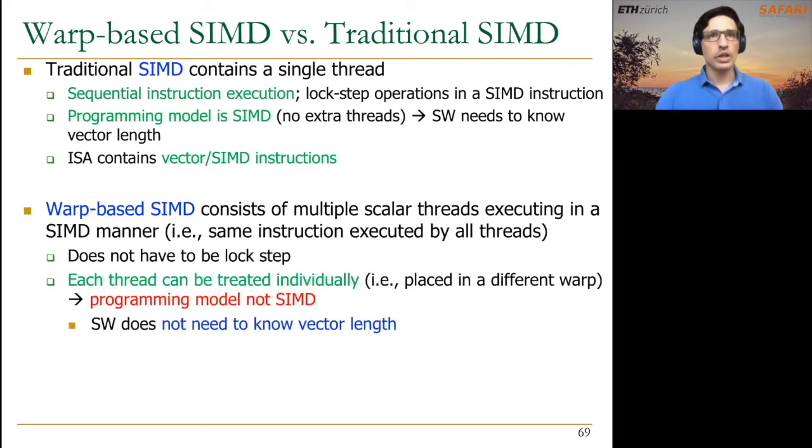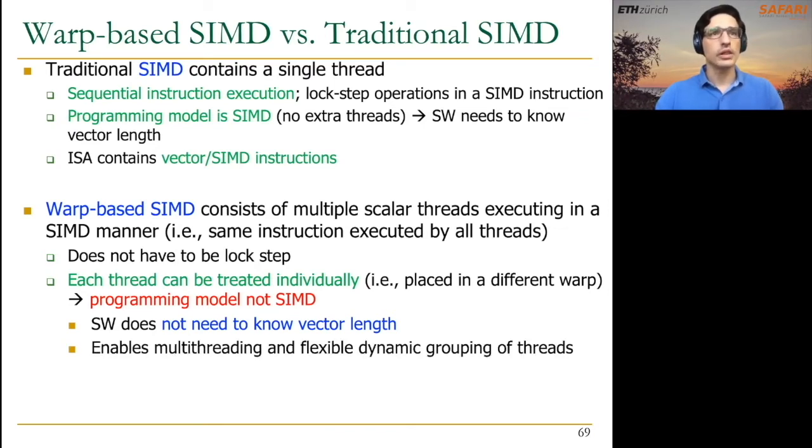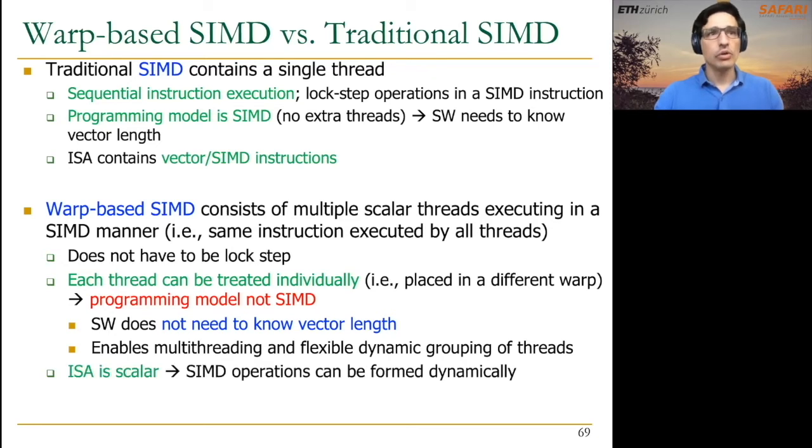The programming model is not SIMD, and we can play with the vector length in some way, because we can define what's the length of the thread blocks, or work groups in OpenCL. This enables us to decompose these blocks into groups of threads, which are the warps, and then executed in a multi-threaded manner.